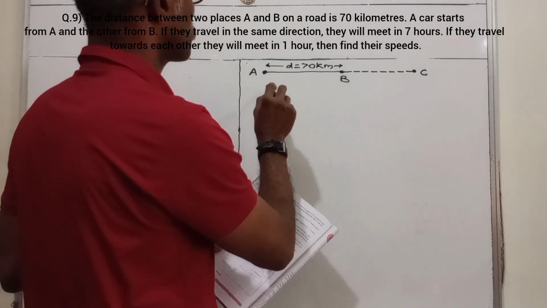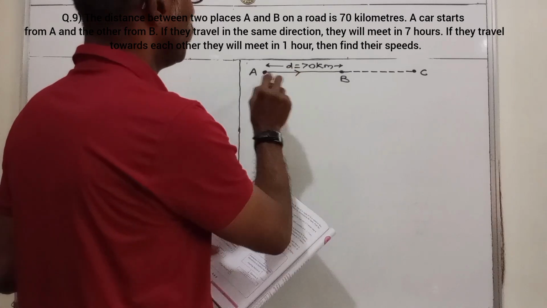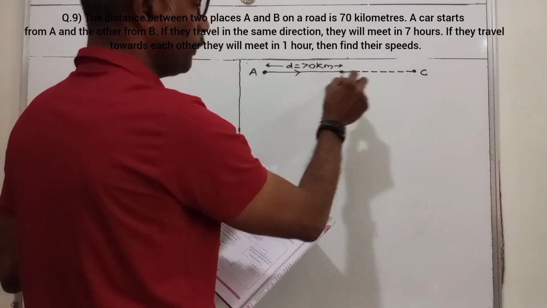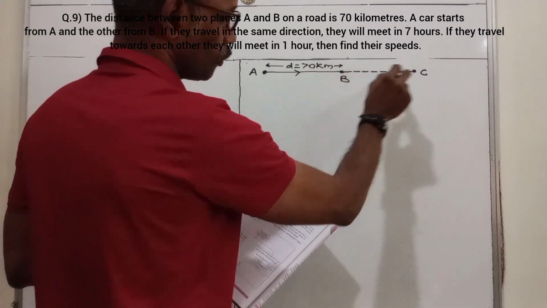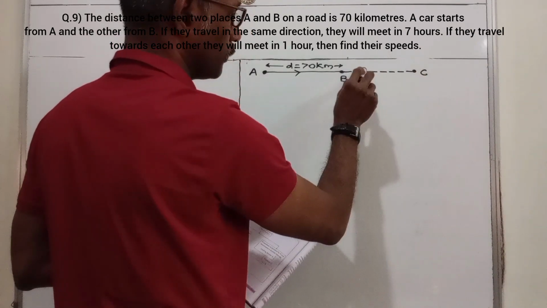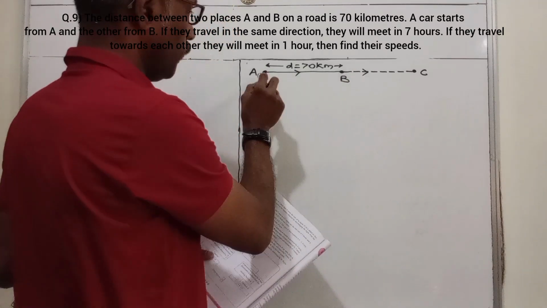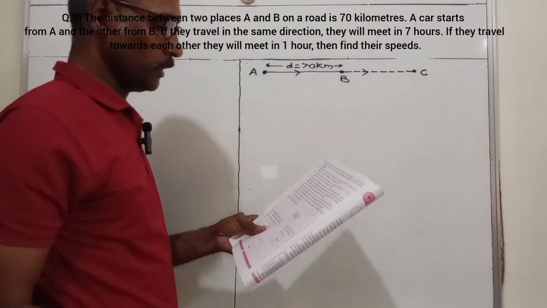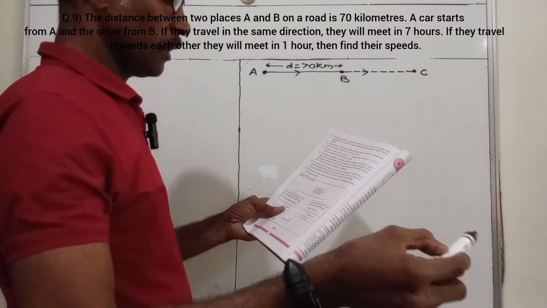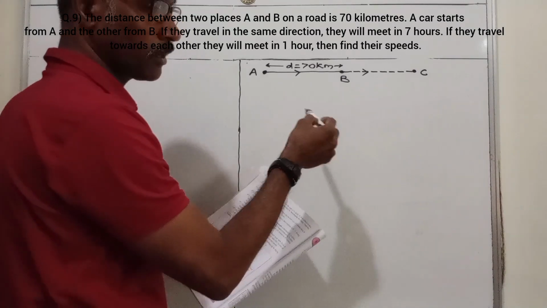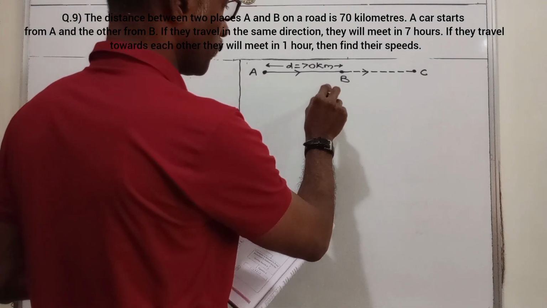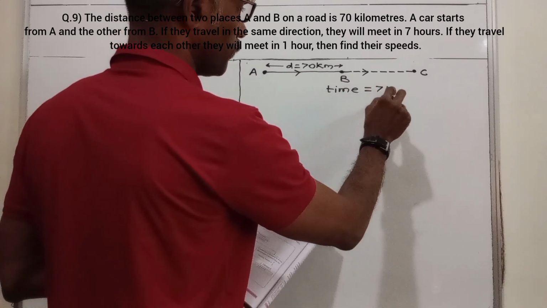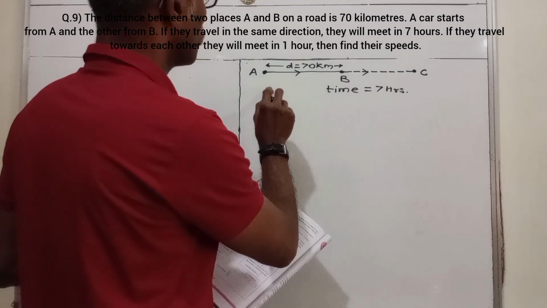See here, A goes towards C, then B also goes towards C, means in the same direction, and they will meet after 7 hours, means time required is 7 hours.